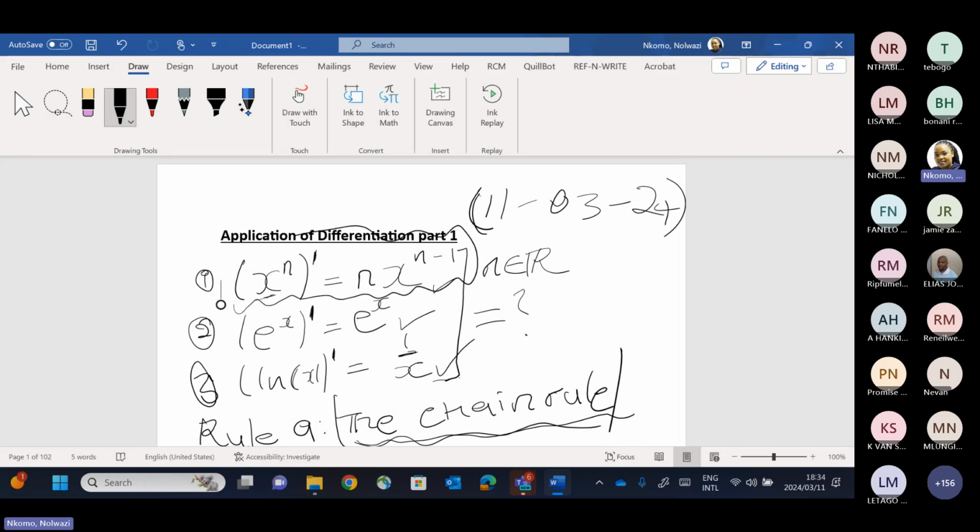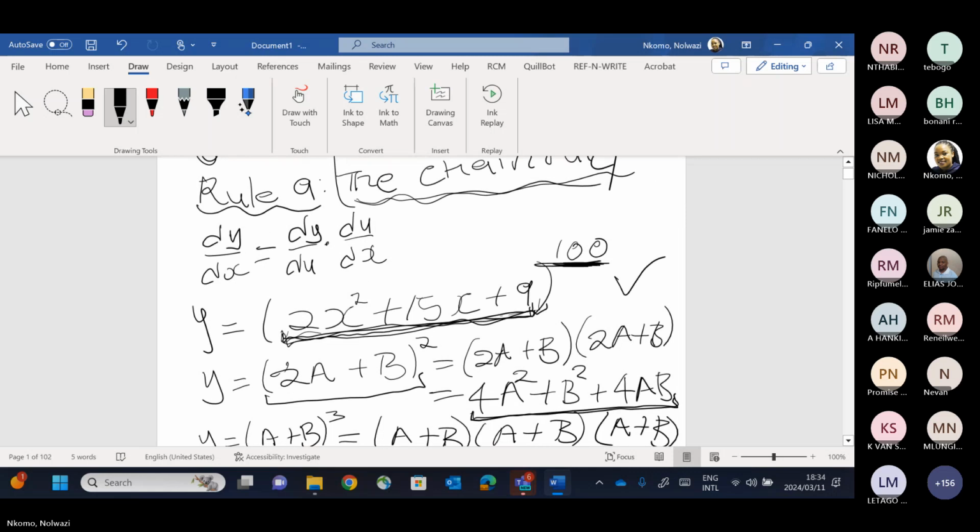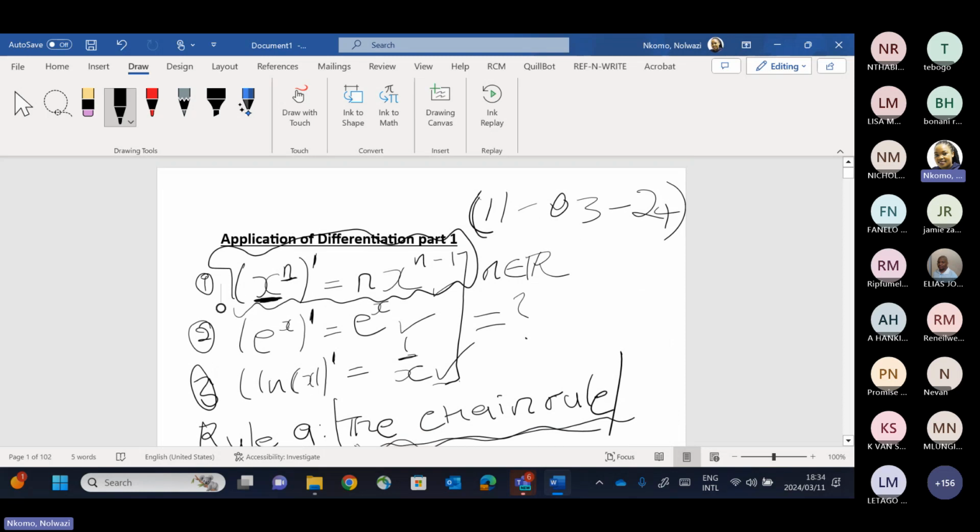But the problem is here, we have only one variable to the power n. But here, we have a function to the power n, right? So what you can do is let this function be one variable so that it would be in this form.